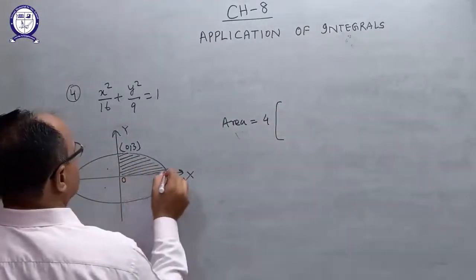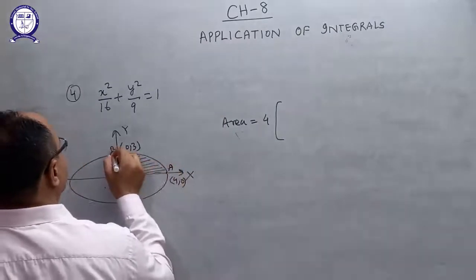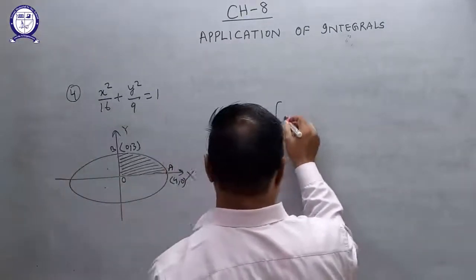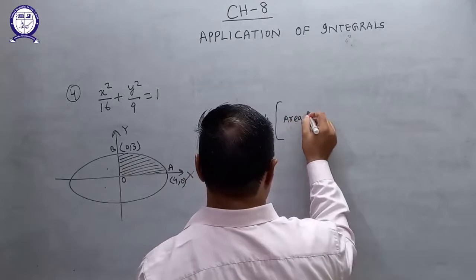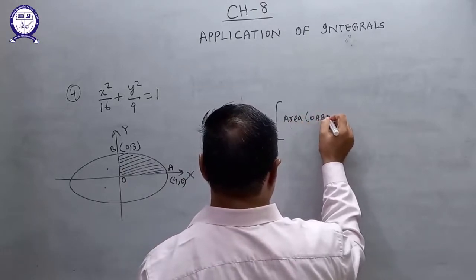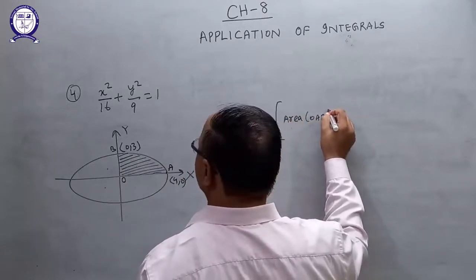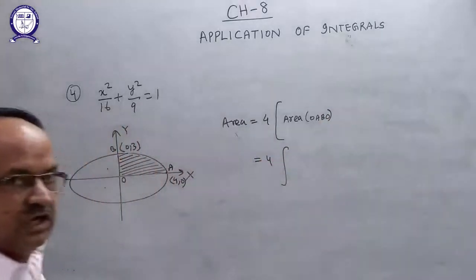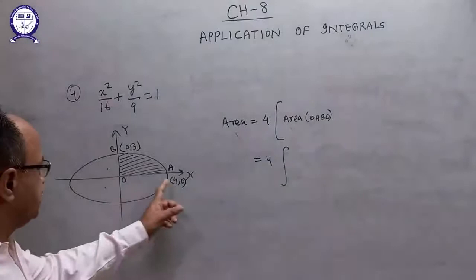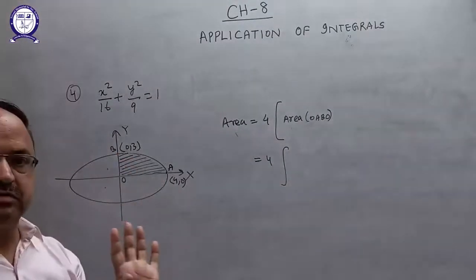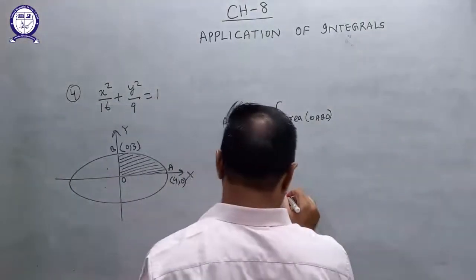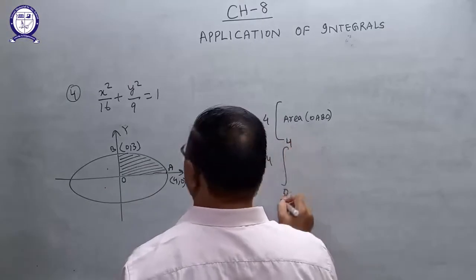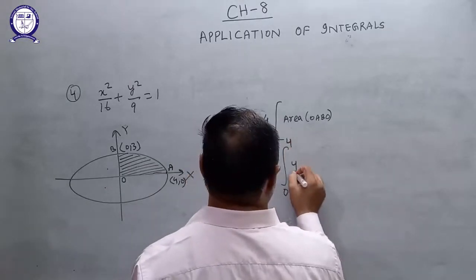The naming is O, A, B. Area O, A, B, O, and limit. You can take 0 to 4 or 0 to 3, both are possible. If you take 0 to 4, then put the value of y here.